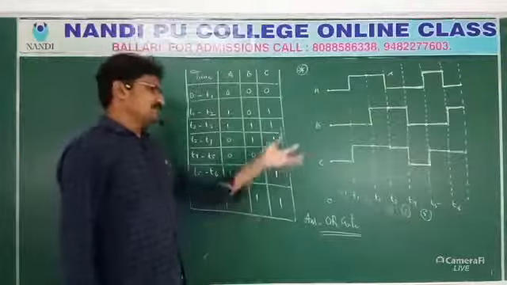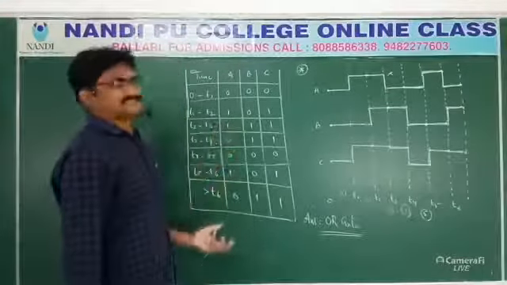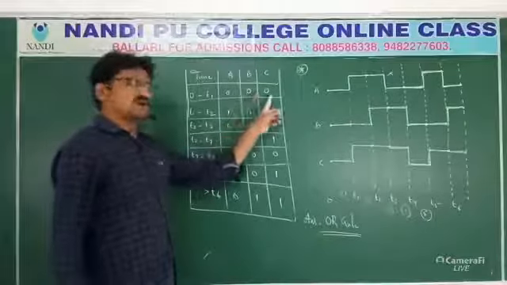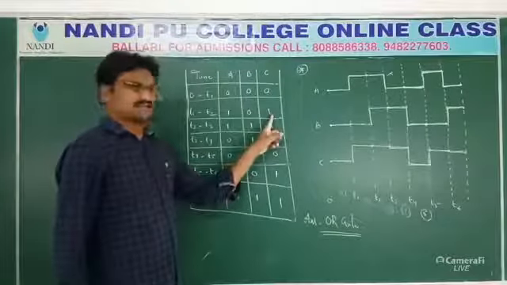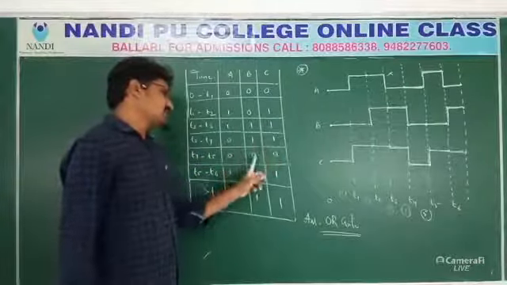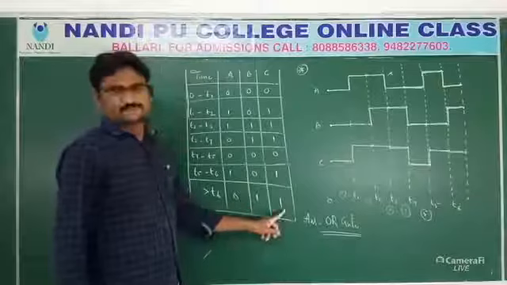Yes, now the signal we turn it into digits. A comma B inputs. 0, 0, output 0. 1, 0, 1. 1, 1, 1. 0, 1, 1. 0, 0, 0. 1, 0, 1. 0, 1, 1.